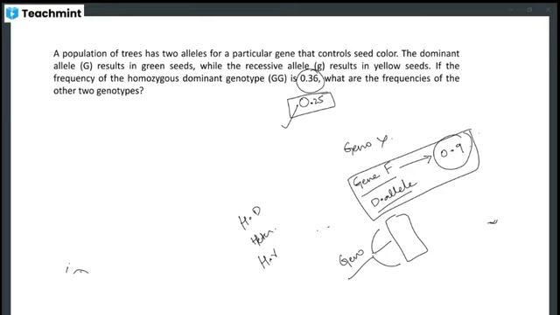So if I say a statement that the cytoplasmic male sterility is due to mitochondrial and chloroplast genes, is that statement right? Cytoplasmic male sterility is due to mitochondrial and chloroplast genes. Okay.